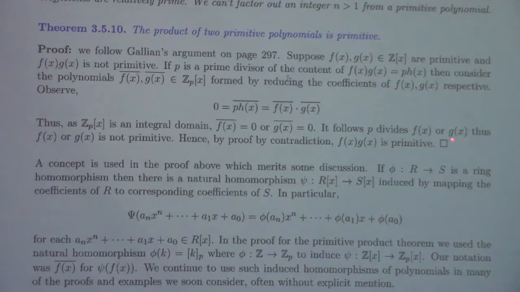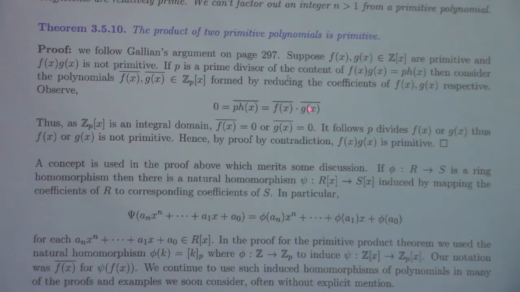Consequently, one of them or the other, or both I suppose, has p as a divisor, which means its content is not 1. They're not primitive. That contradicts our assumption that they're primitive. So in short, the product of primitive polynomials is primitive.